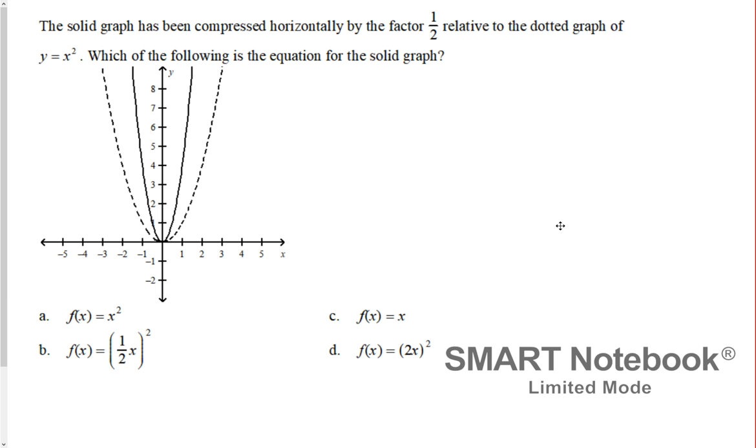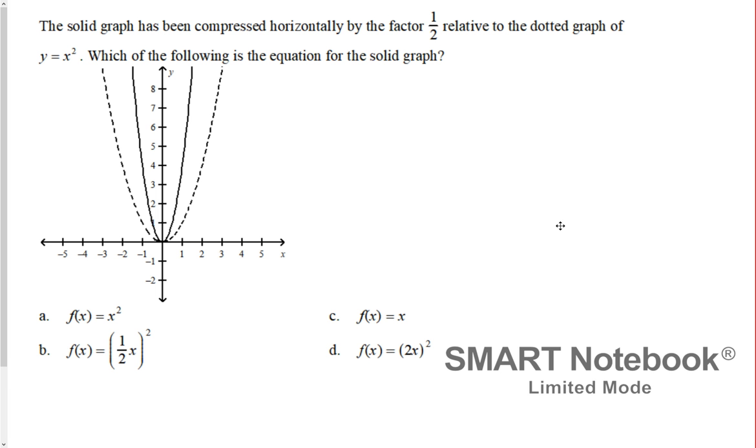Question is, which of those equations is the equation for the solid graph? Tough one. You don't have to have an answer, but I'm going to make this one optional. If you want to take a guess, you can type your best guess into the chat.